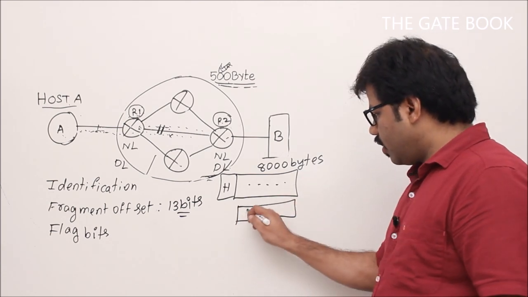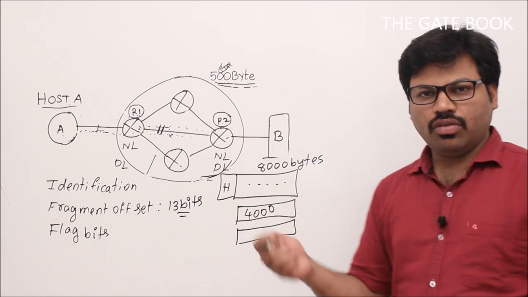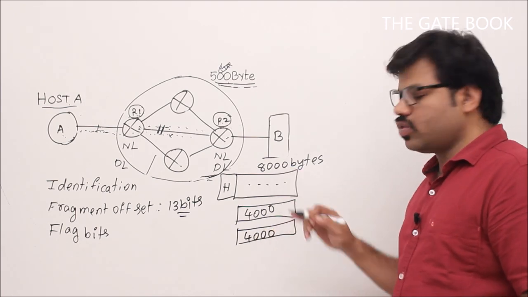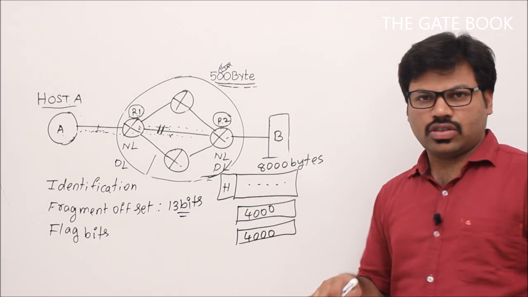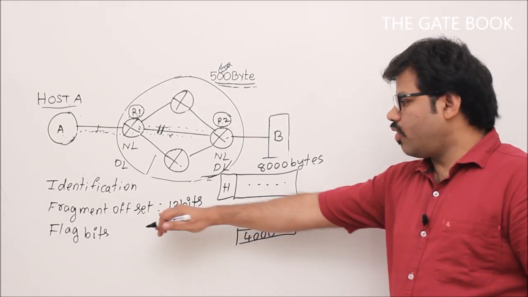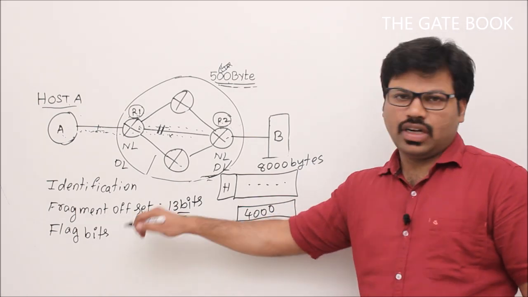Something like 4000 each. We'll see the reason for that. Why 4000, 4000? At this moment it is not appropriate to explain. You can divide 3000, 5000 also. First of all, try to understand the concept of fragment offset. If you divide 4000, 4000, then what is going to be the fragment offset? I'm going to tell you.